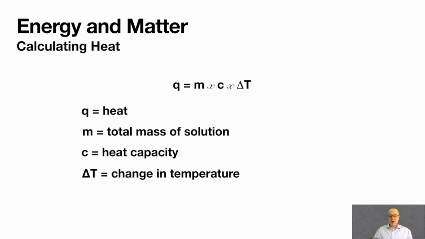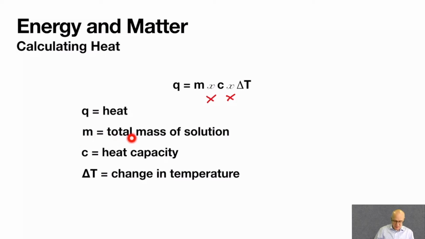Now, to do this experiment, you're going to need to know the heat equation. Now, this might not be very clear to you, this funny scripted X. This means to multiply. So it's mass times specific heat times change in temperature, where Q is the abbreviation for heat.